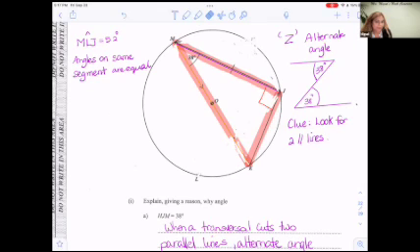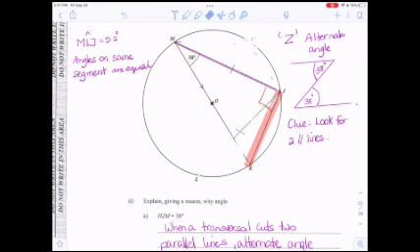So from the time you spot the diameter, you're looking for a 90-degree angle, because a diameter splits the circle into two parts. So it means one angle is 90 degrees. You understand so far? Right, we're going again.